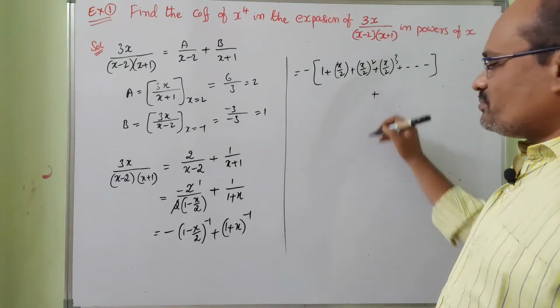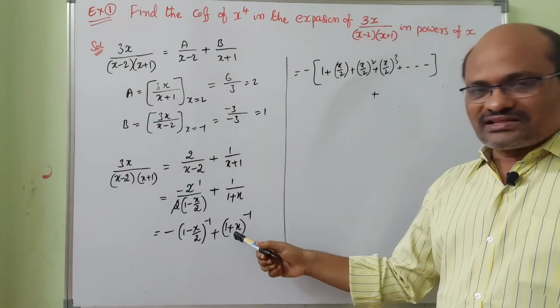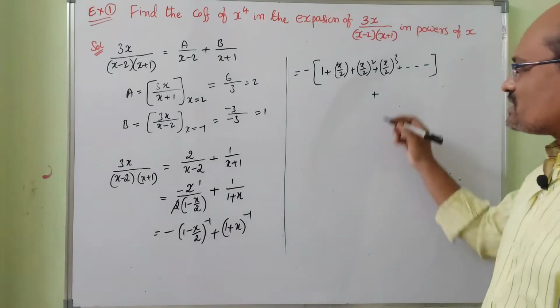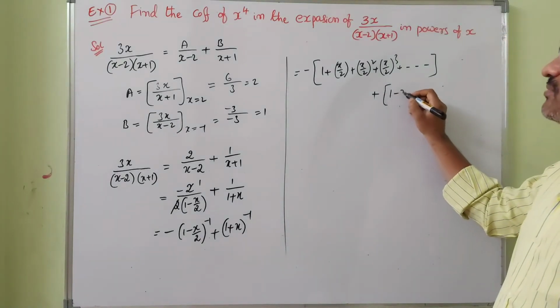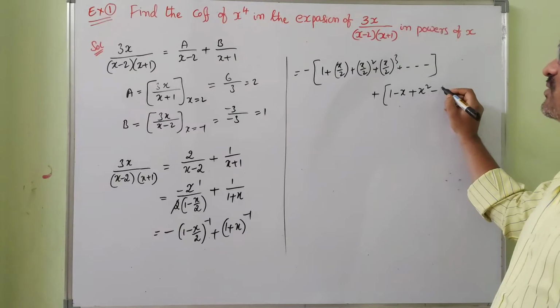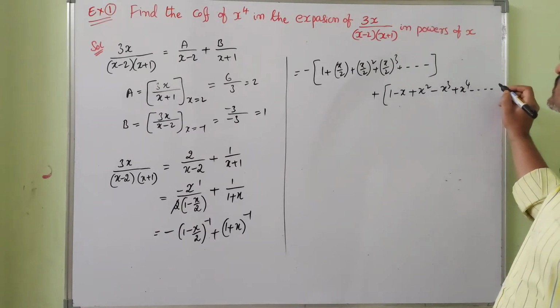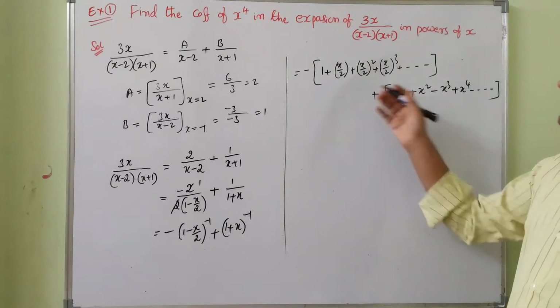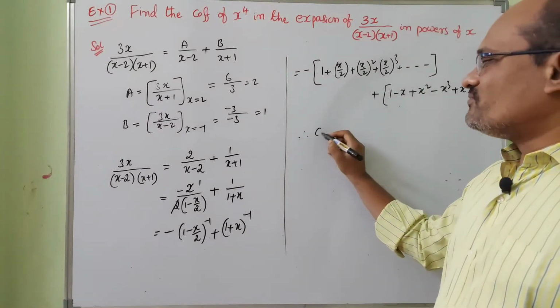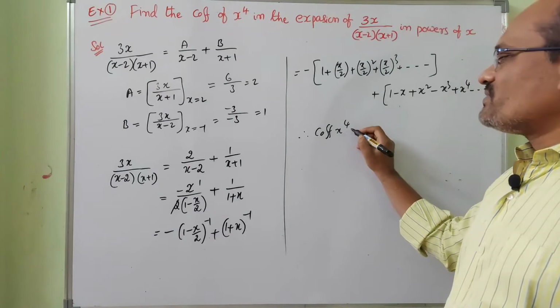After that, now write expansions for this 1 plus x whole power minus 1. The expansions are 1 minus x plus x square minus x cube plus x power 4 minus so on, infinite terms. After expansions, now we can write comfortably what is the coefficient of x power 4.